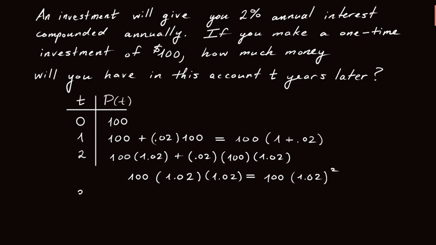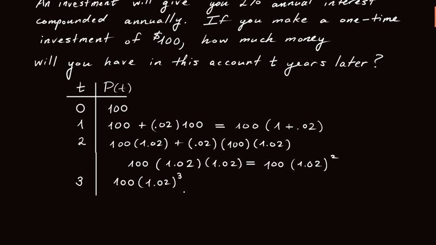Okay, so if you continue in this fashion, after the third year, you're going to have 100 times 1.02 cubed. So you already see what's happening. This is an exponential function. The general formula is P of t equals the original deposit, the initial amount, times 1.02 to the t.